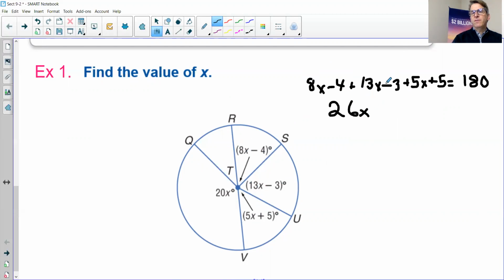Minus 4, minus 3 is minus 7. Add 5 is minus 2, is equal to 180. By adding 2 to each side, I have 26x is equal to 182.